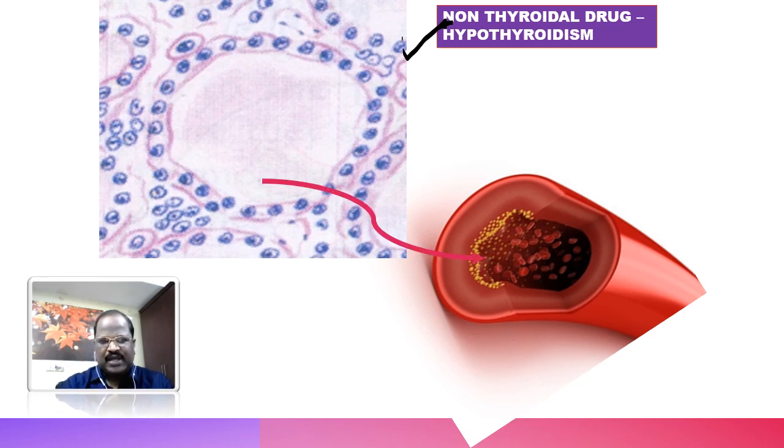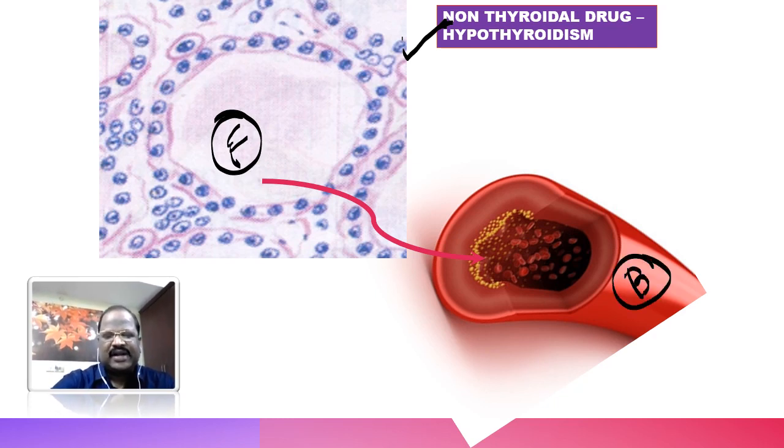There is one drug that inhibits release of T3, T4 from the follicle. Imagine it's a thyroid follicle. Imagine it's a blood vessel. So the question is, there is one drug that inhibits release of T3, T4 from the follicle.